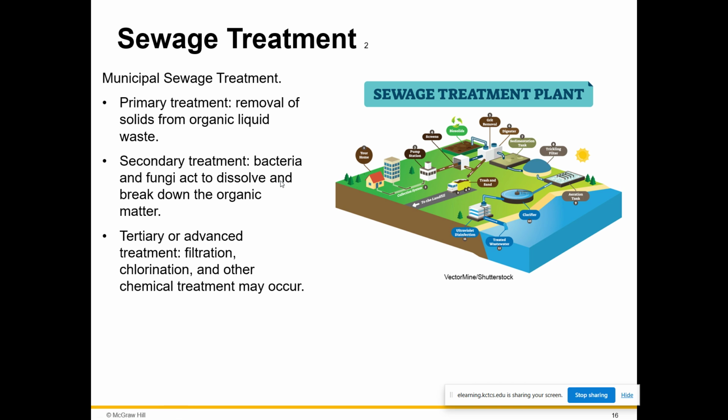So anything that's accidentally washed down the drain, pieces of trash, gravel, anything is going to be filtered out. Then they let the bacteria and the fungus dissolve the organic matter, much like what would happen naturally out in the soil in your backyard or out in the forest.